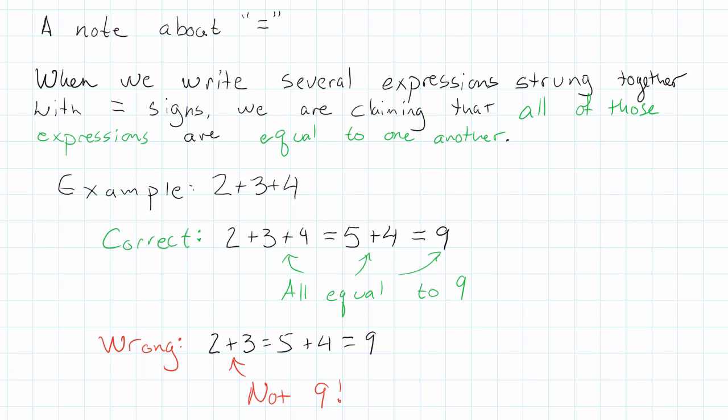If we wanted to not copy the 4 over and over again, which could be legitimate if 4 were some more complicated thing, we could say 2 plus 3 equals 5, and then without an equals sign, say 5 plus 4 equals 9. This is okay. The key point is that you're not adding in this extra equals sign that says 2 plus 3 is equal to all of those other expressions that equal 9.